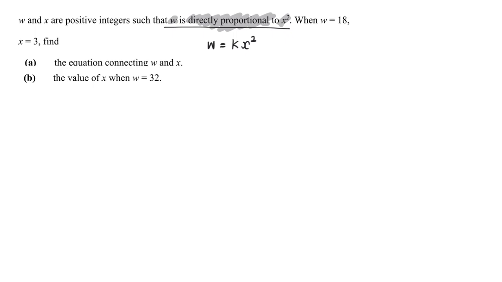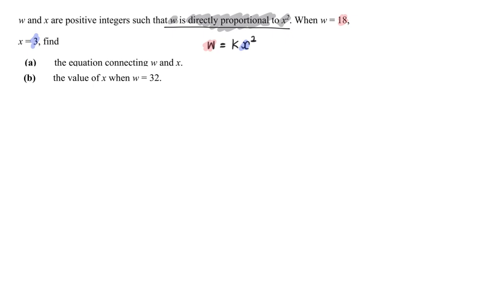So let's bear that in mind, okay? And then they give us when w equals 18, x equals 3. This will be useful. So when w is 18, x will be 3.